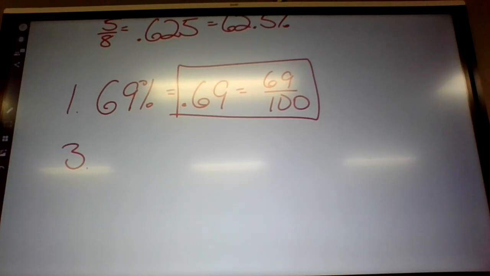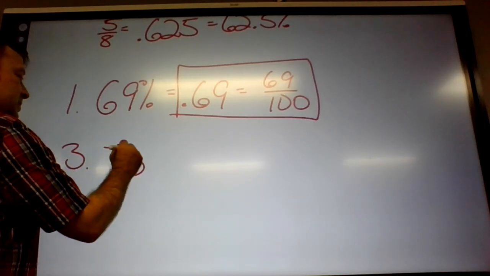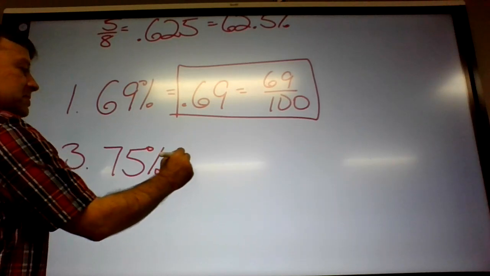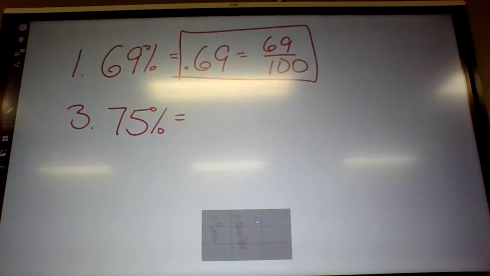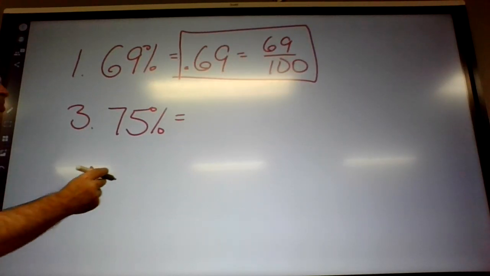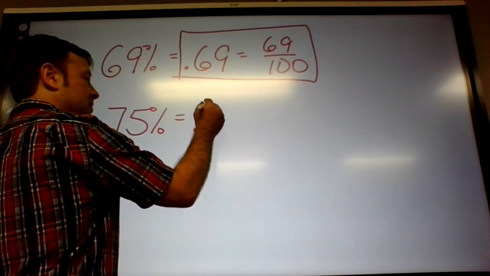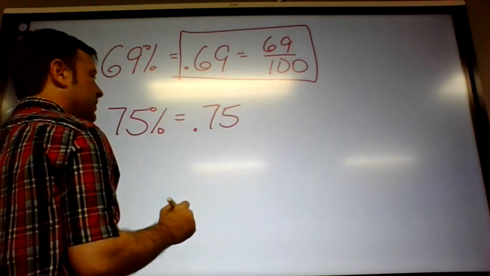Number 3, you guys might recognize this one. It's a popular one, 75%. Rain, what is this as a decimal? Oh, okay, I thought you said 0.25.